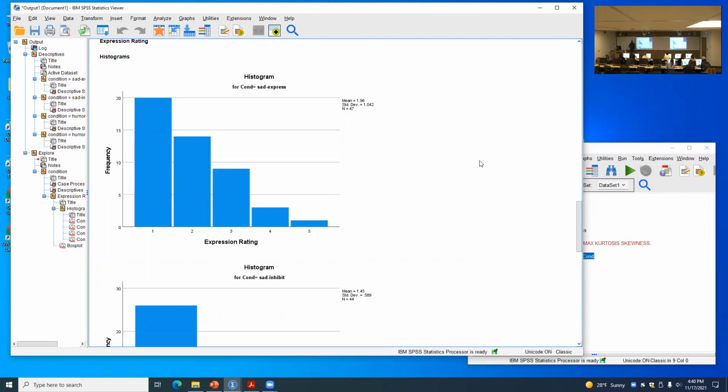Yeah. So just low levels of expression here, right? In general. So these are people who we just show a sadness film and say, go ahead and watch it. We actually don't say anything about expression. We just say, go ahead and watch this naturally, and then record their expressive behavior, right? What we're seeing is generally low levels of expression in response to this sadness film. Left to their own devices, people aren't really expressing a whole lot.